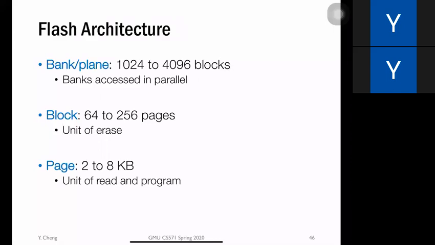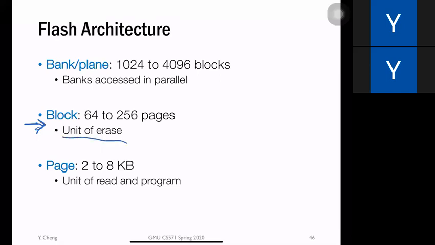If you're talking about the flash block, it can hold from 64 to 256 fine-grained flash pages, depending on the granularity of the flash pages configured by the users, because the granularity of the flash pages is configurable.